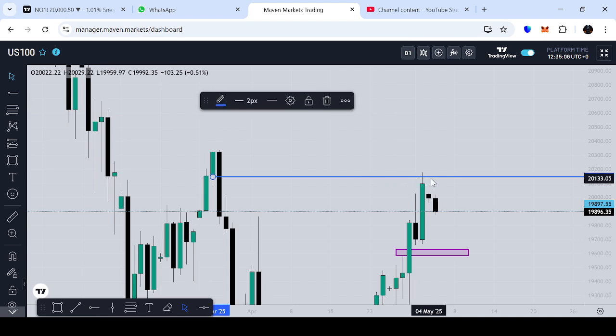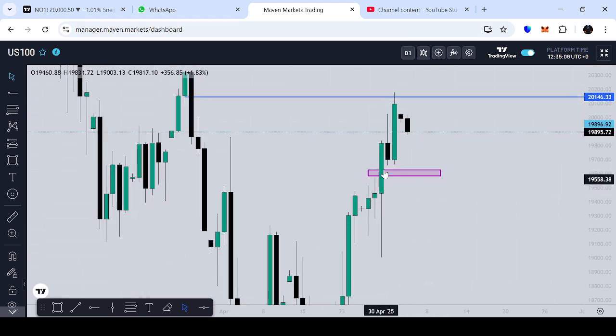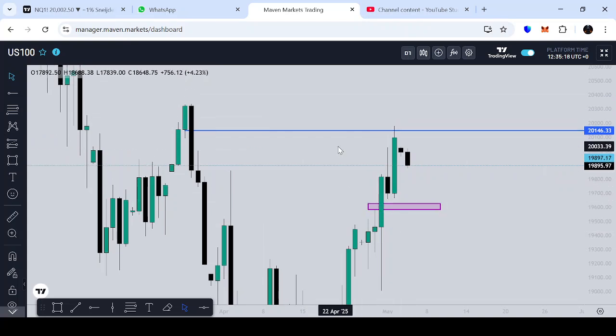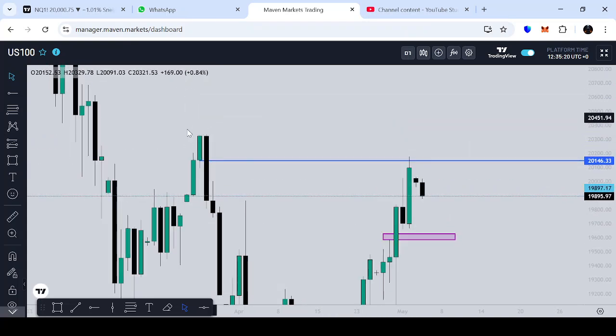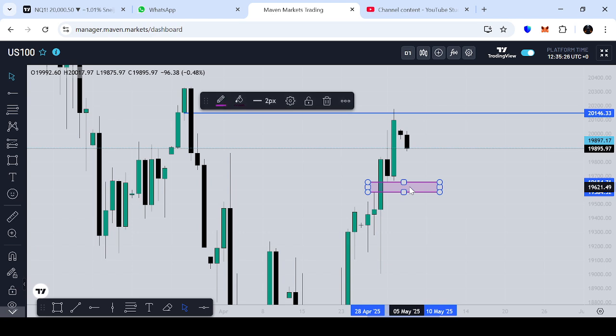Price is coming to fill this inefficiency. There is a void, so it needs to be filled before trading up there this week. This is still Monday, so we're anticipating price coming to fill this gap going into Tuesday, Wednesday.